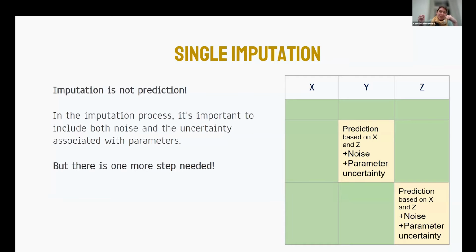When this was noticed, a statistician called Don Rubin had a pretty simple and theoretically very well-founded idea. This was to impute not only once with this process of prediction, noise and parameter uncertainty, but several times.